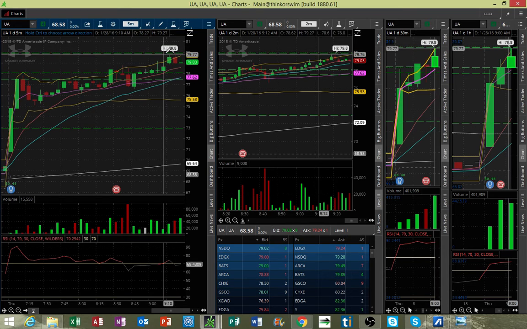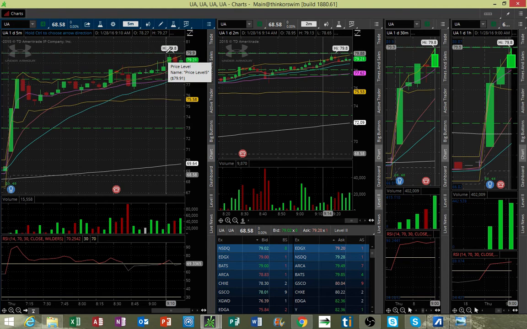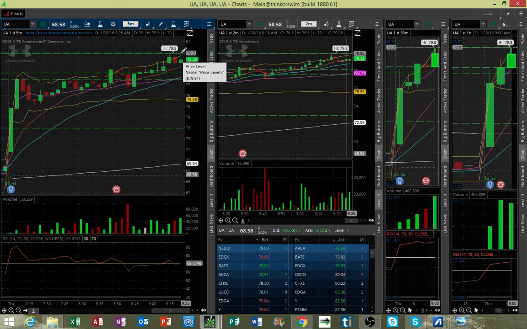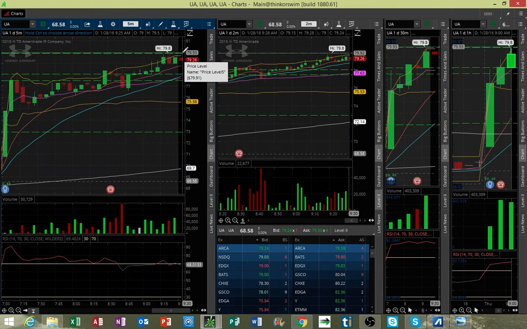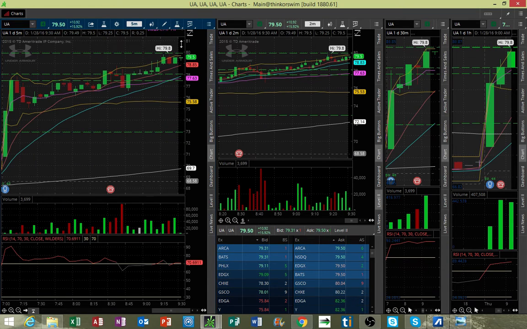So I'm thinking if it pushes and holds this at open, then I've got a good long chance, maybe on a 5-minute open range breakout, to go long and pick up some of that $2 window.